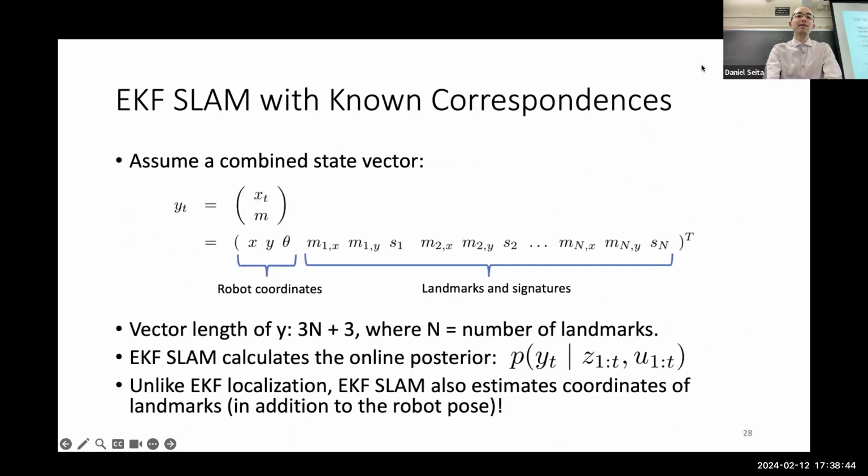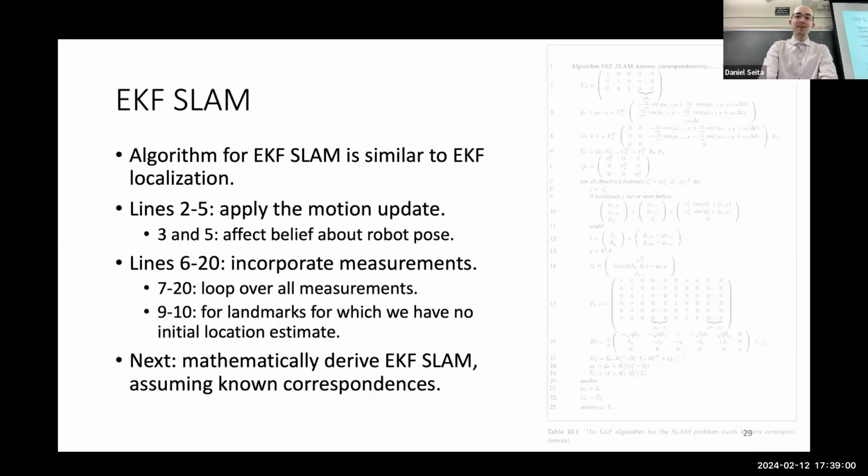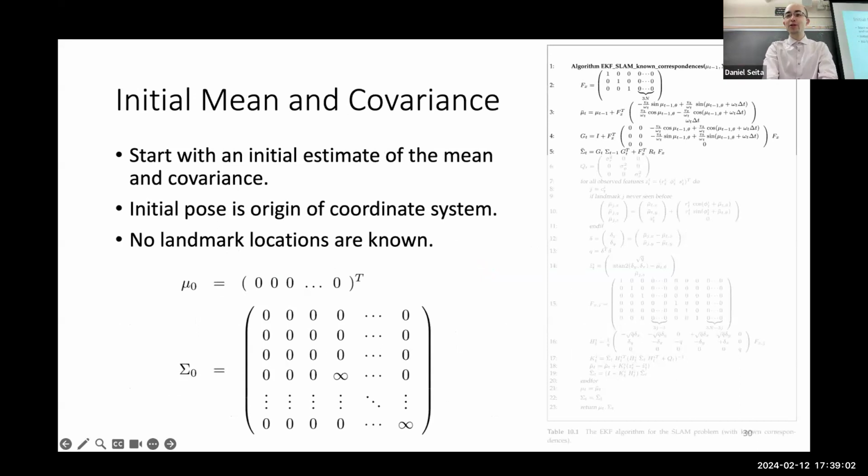Remember that now mu is going to be the mean of both the robot pose and the variables that describe the map. So if you're wondering why there's no m term, it's because it's inside the mu.